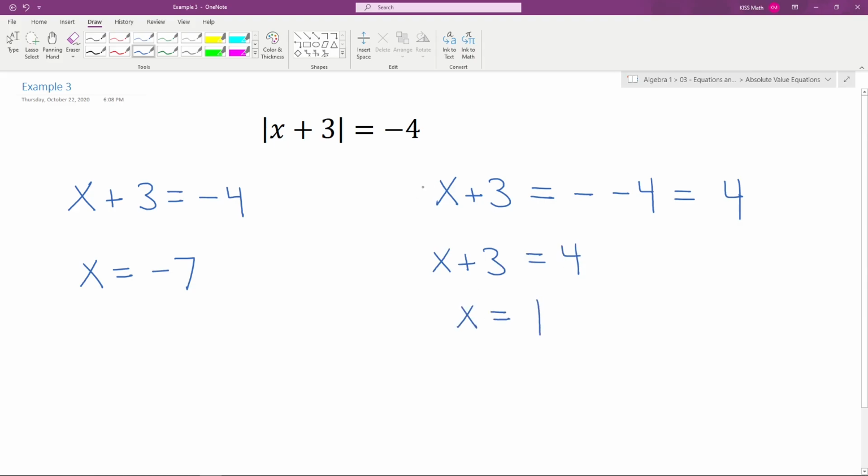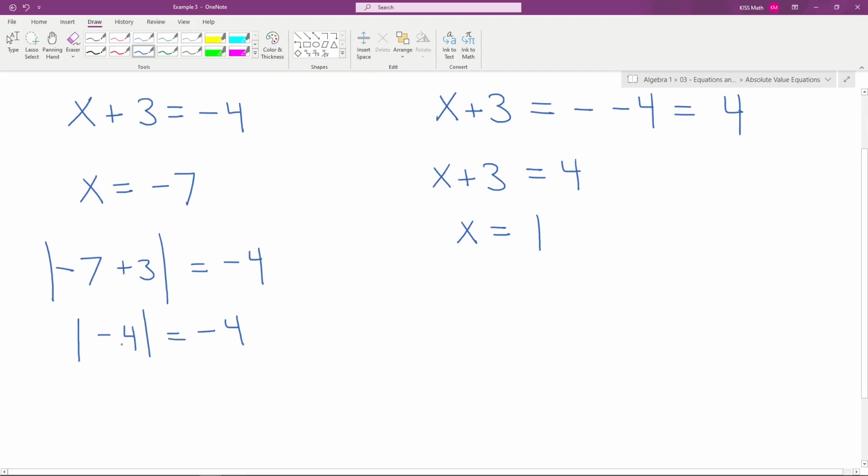Now, if we plug these back in, and I'll do the -7 first, we would get the absolute value of -7 plus 3 equals -4. And that would be the absolute value of -4 equals -4.